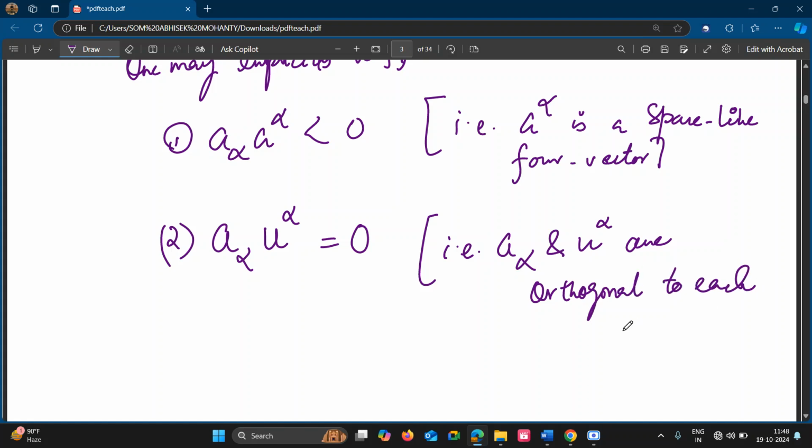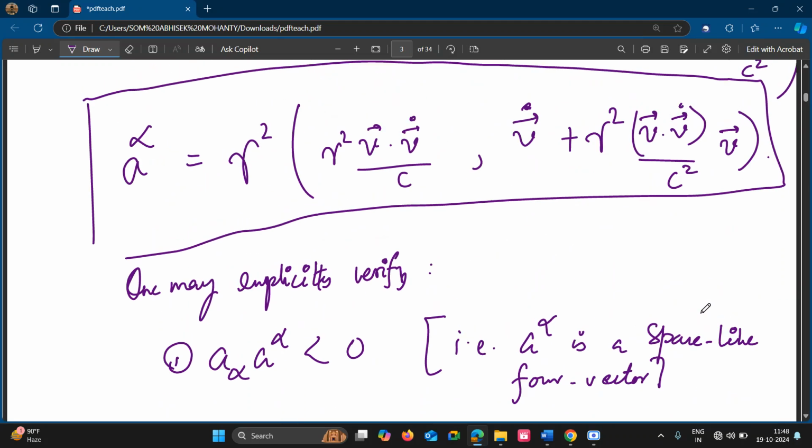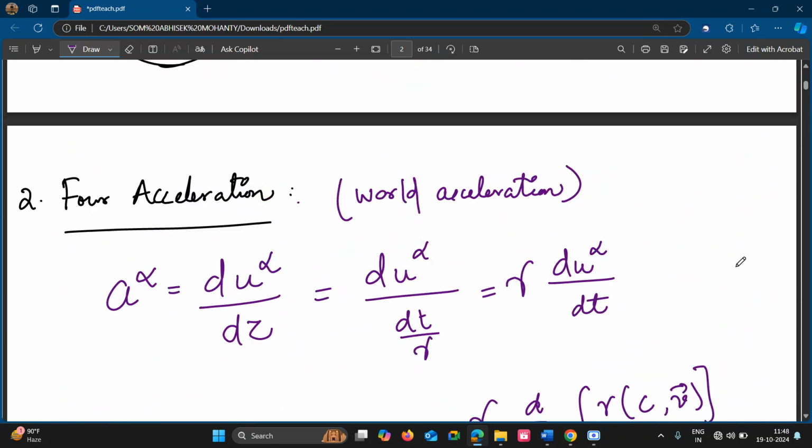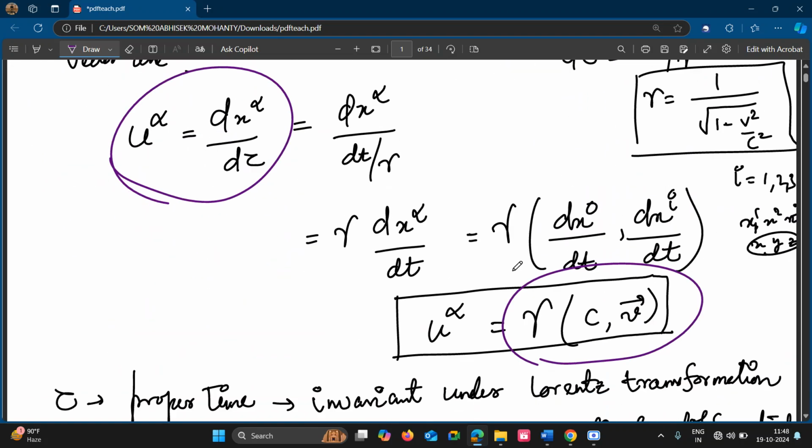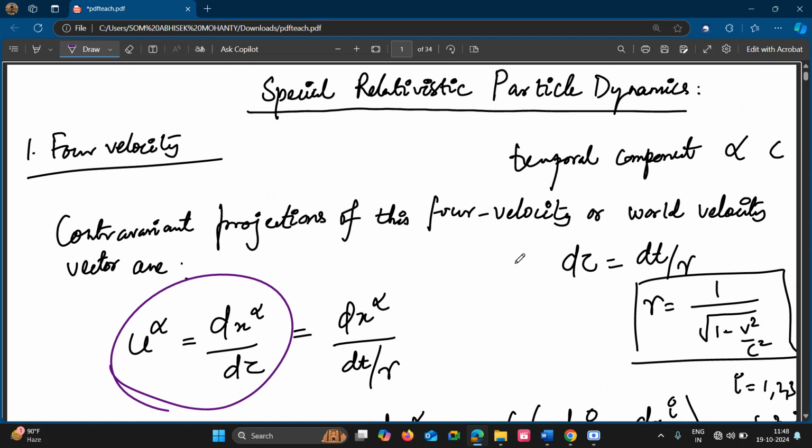Correct? So whatever things are to be done for velocity is done, for acceleration is done.